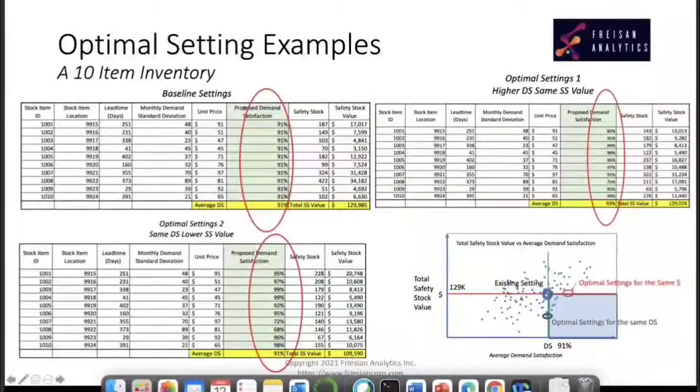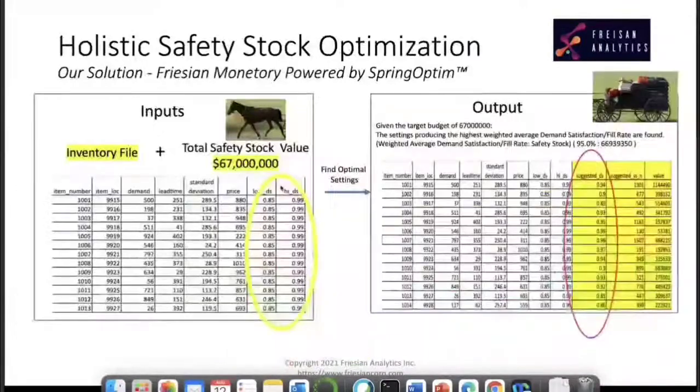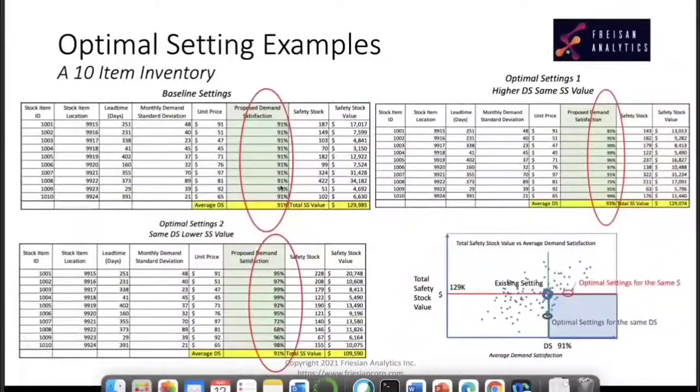The top one is the baseline settings. Just like we always do, we assign a single DS for every item in this inventory, 91% in this case. If we do that, we have 130,000 total safety stock value.